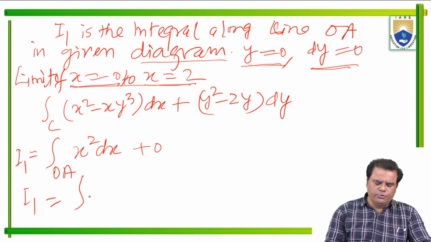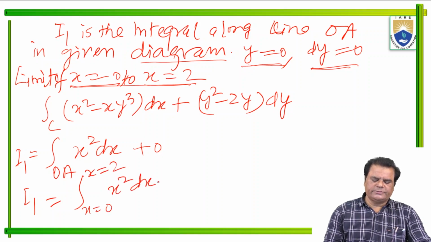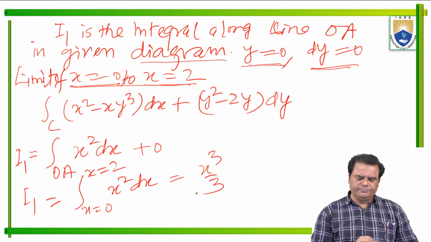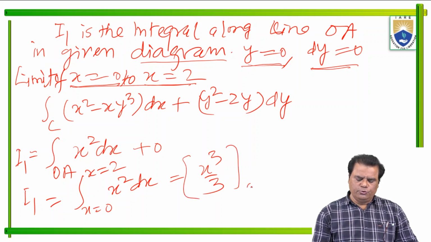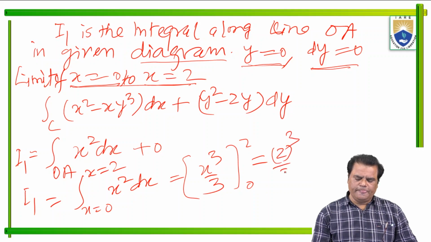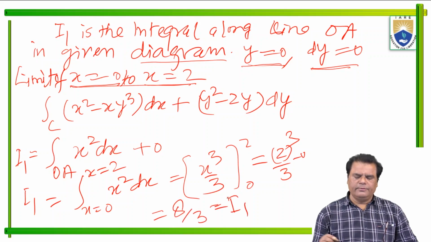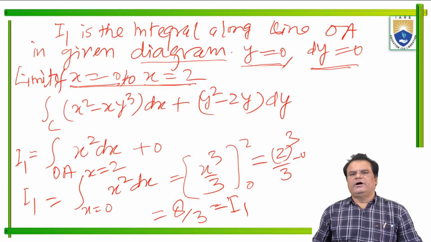So I1 equals the integral from x equal to 0 to x equal to 2 of x square dx. Integrating, we get x cube by 3, with limits 0 to 2. So this equals 2 cube by 3 minus 0, which is 8 by 3. This is the value of I1.